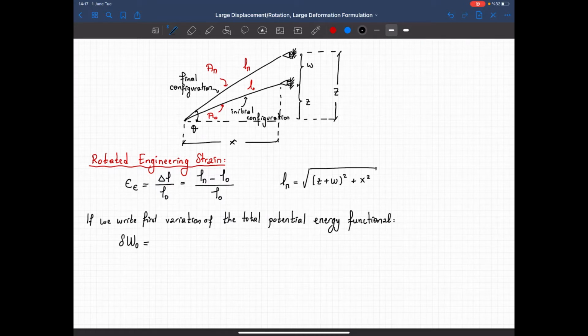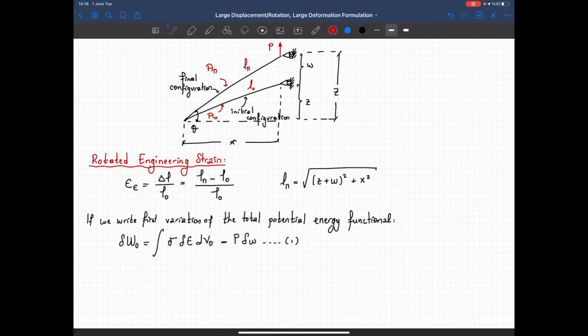The virtual work is equal to the integral of stress multiplied with the variation in the strain, dV0, minus the axial load P multiplied with the variation of the displacement. Let's call this equation 1. I forgot to show the P. Let's show that the P is here.